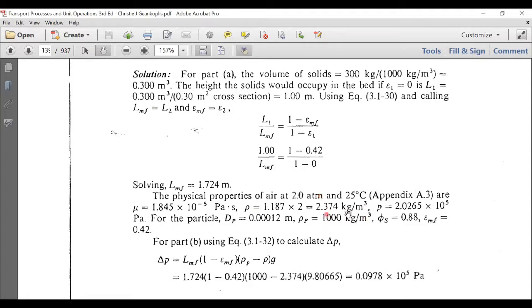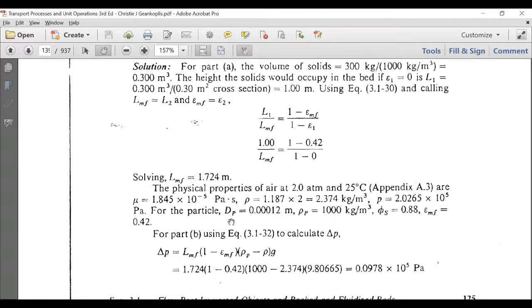So 2 atm, I will change it to Pascal. Then the particle diameter, I know from the problem, it's 0.0012. The density of the particle is 1000, the sphericity factor is 0.88, and epsilon MF is 0.42.